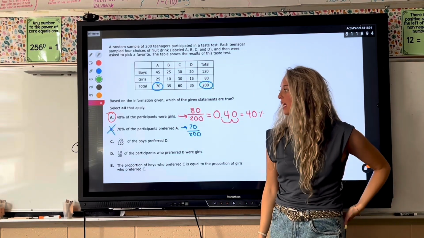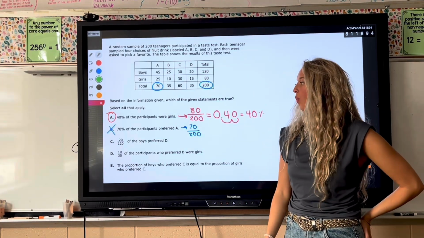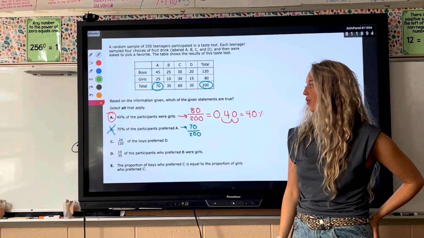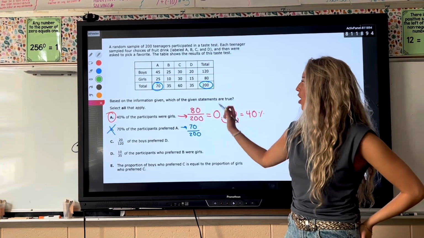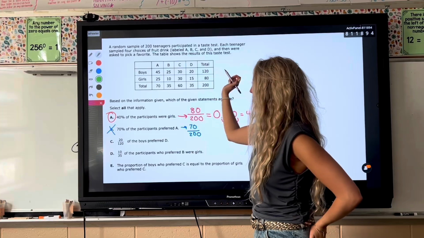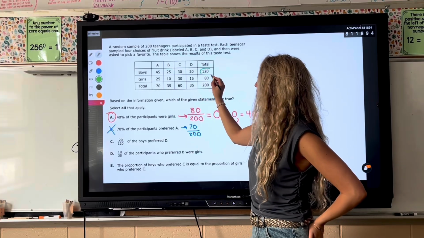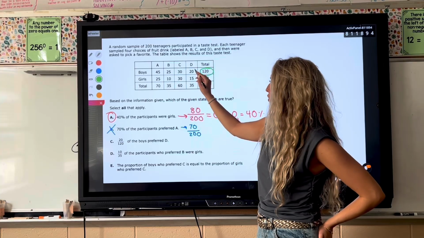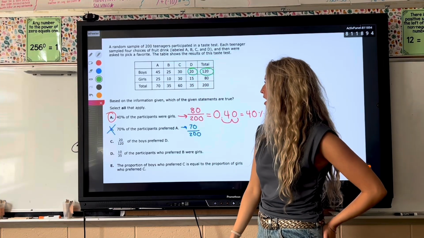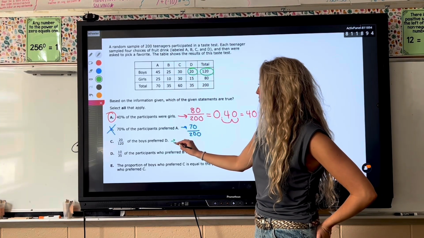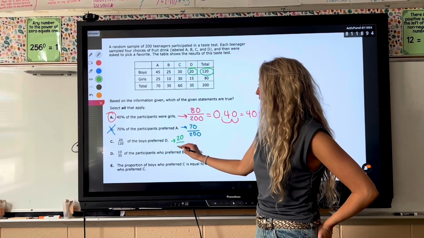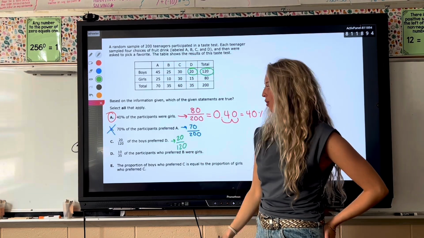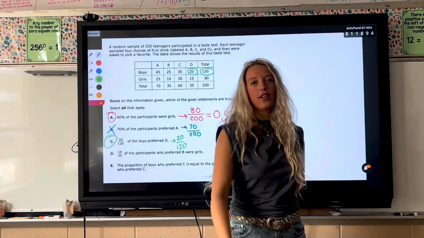Checking option C now, it says 20 out of 120 of the boys preferred D. So looking at my totals now, I'm talking about the total number of boys, which is 120, and the amount of boys that preferred D is 20, so that's 20 that preferred it out of 120 total. C is definitely another correct option.